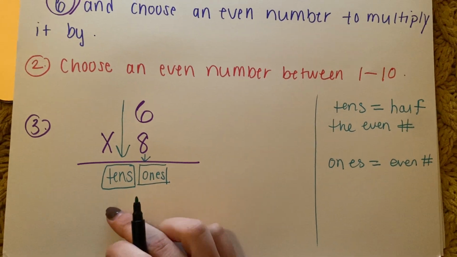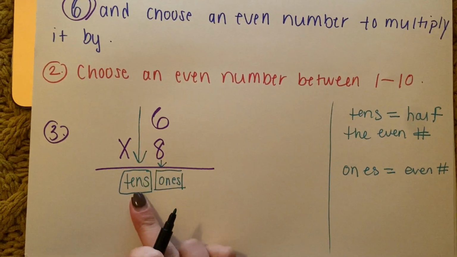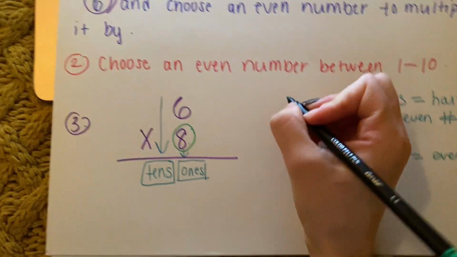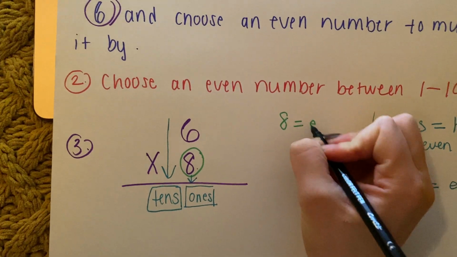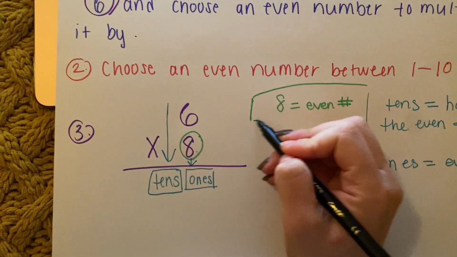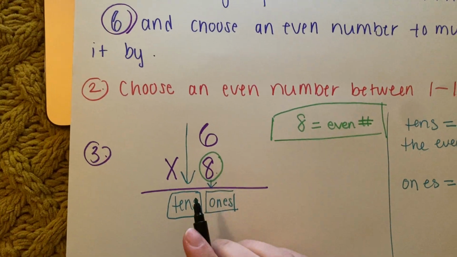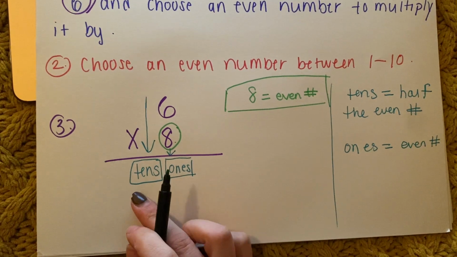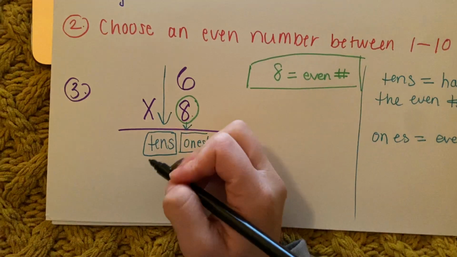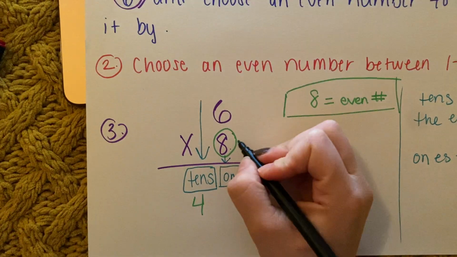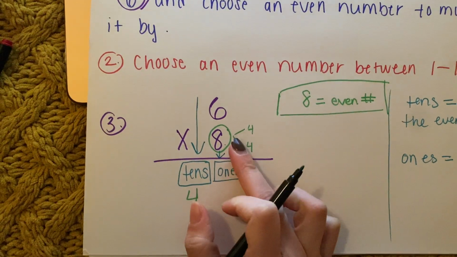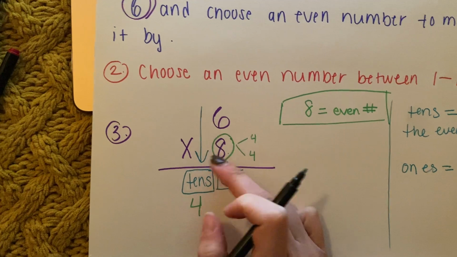So the tens digit right here is going to be half of the even number that we chose, which was 8. So 8 equals the even number. The tens place is going to be half of that, and half of 8 we know is 4. If you want to break that up, if you know 4 plus 4 is 8, that shows them that 4 is half of 8.